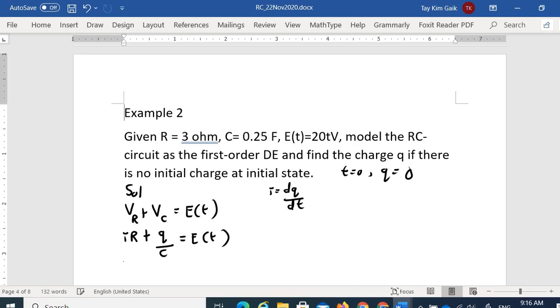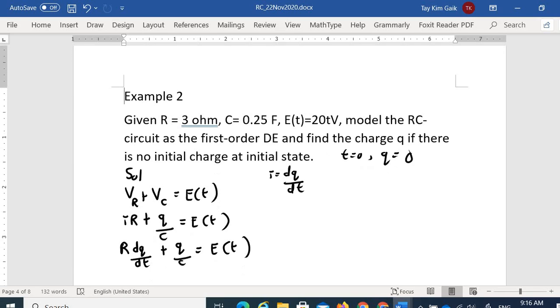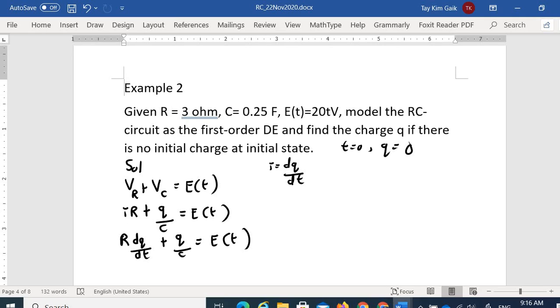So hence I here changes to dq dt. If you solve in terms of charge q, you notice the right hand side is E(t), because we just replace I here by dq dt.